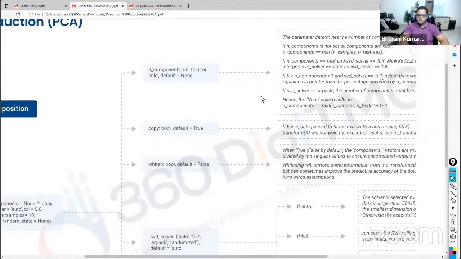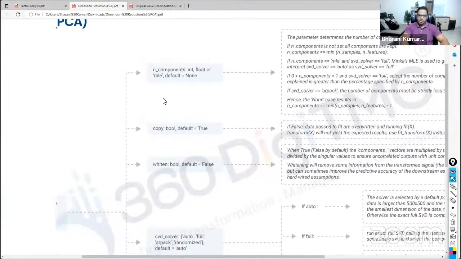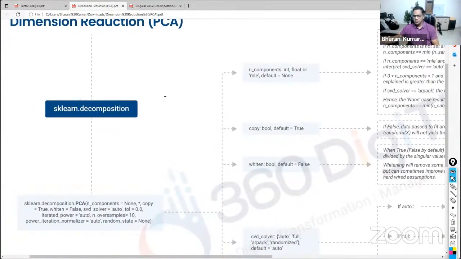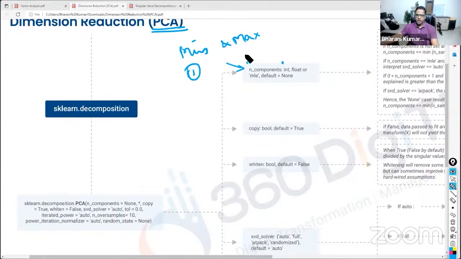The number of components can be any value, but in interviews, questions could be around what the minimum value and the maximum value are for number of components in PCA. Minimum, you can have one, obviously. And the maximum would be the number of features. You cannot exceed the number of features.